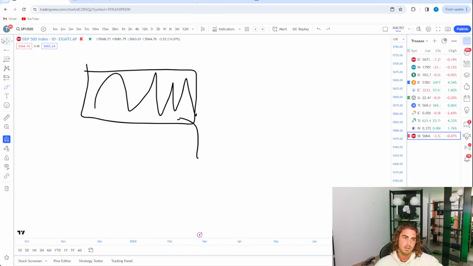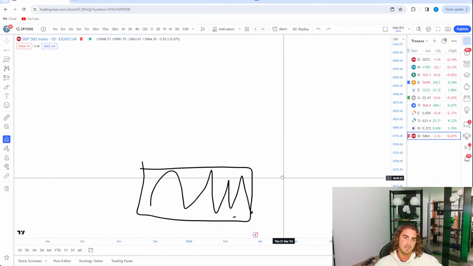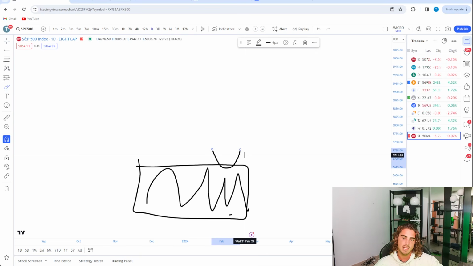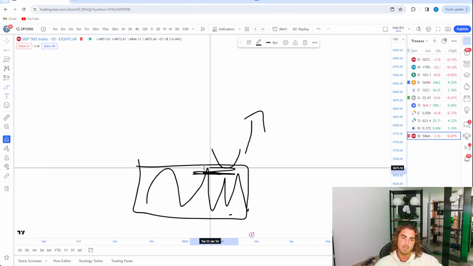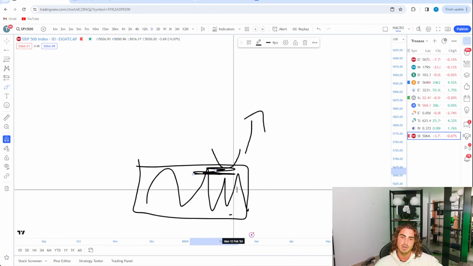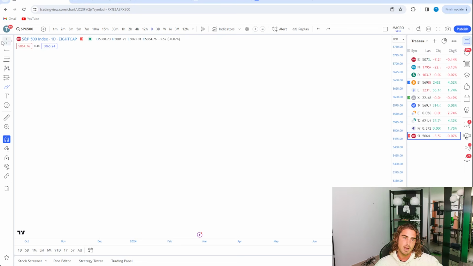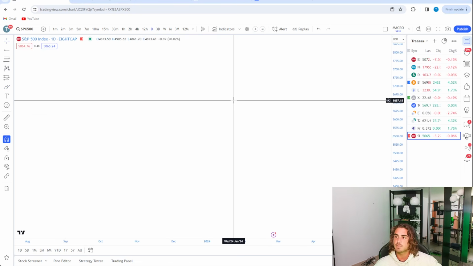And similarly, if price revisits a bullish order block and we see buying pressure out of it, it's pretty safe to assume that more buy orders were able to get filled within here and price is going to continue to the upside. So with that knowledge, now let's figure out how to spot them within a chart.